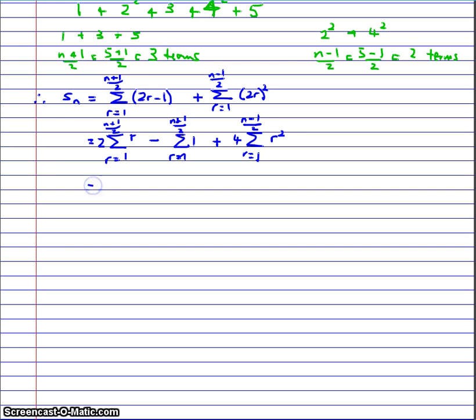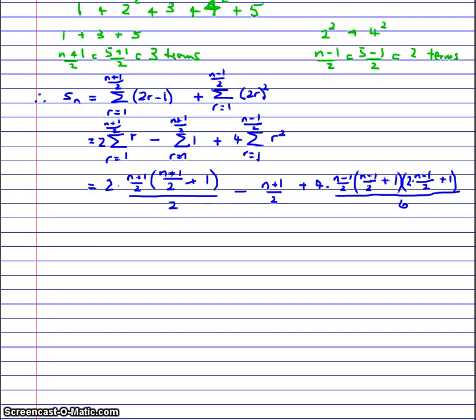We continue as we did previously, substituting in those results for r and r squared from our information sheet, then simplifying, doing a lot of algebraic working, and coming up with our final expression for the sum to n terms.